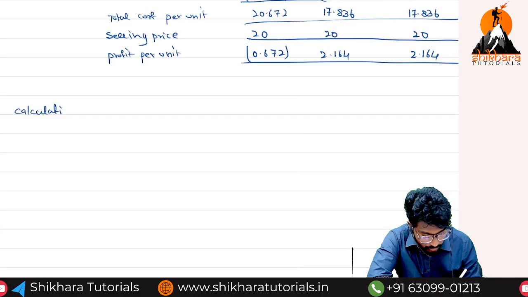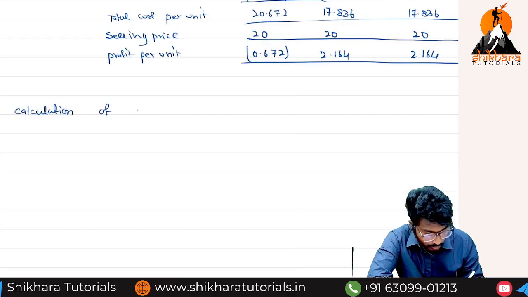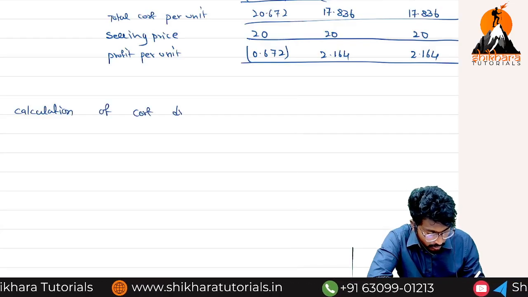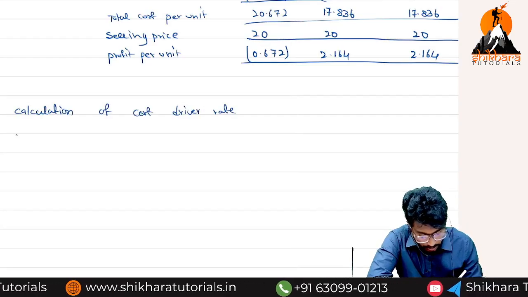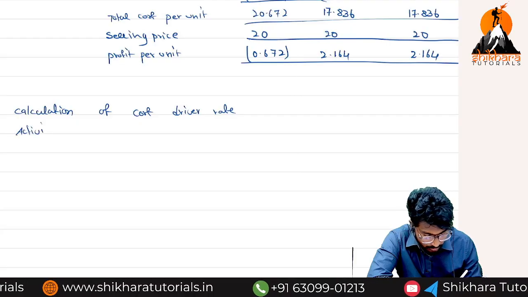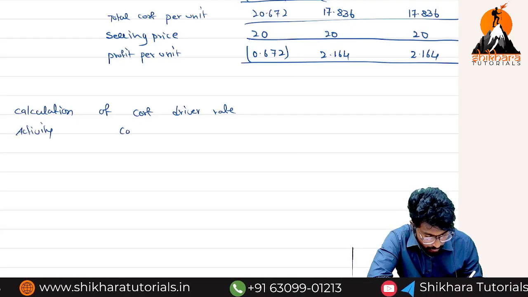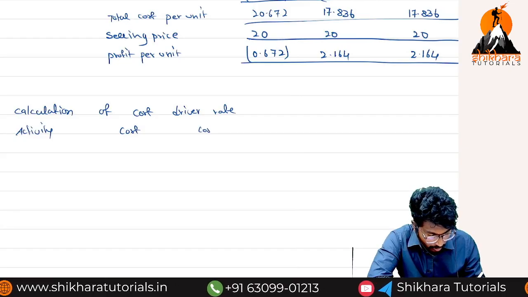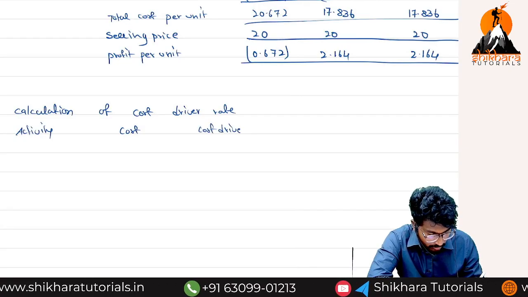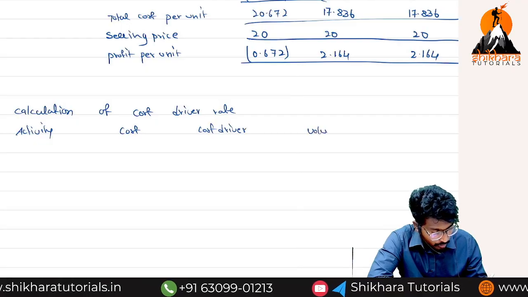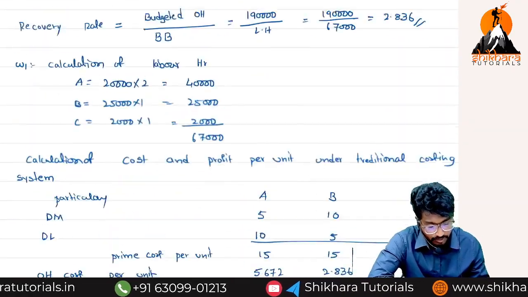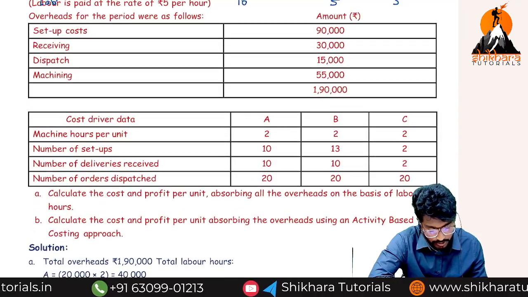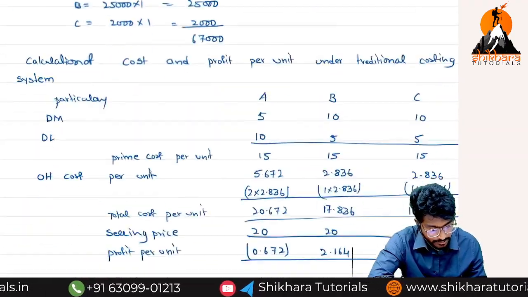Next, calculation of cost driver rate. Activity, cost driver, volume, rate. First activity. What is the first activity we have? Setup cost. How much? 90,000.